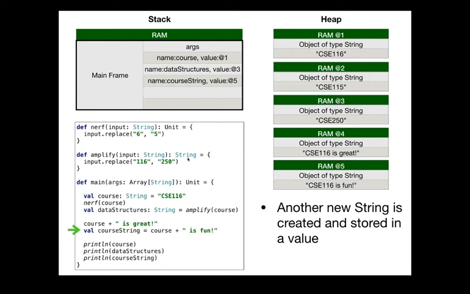Since we have no reference to it, we can't ask the heap, hey, what's all the stuff that you have? Let me check it out. We can't do that. We can only access things on the heap if we have a reference to that object on the heap. So if we don't have any references to it, we cannot access it. We lose access to that object. And that's why garbage collection works. Garbage collection says, you don't have any references to this.